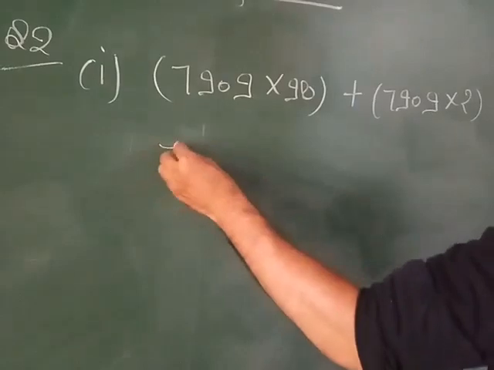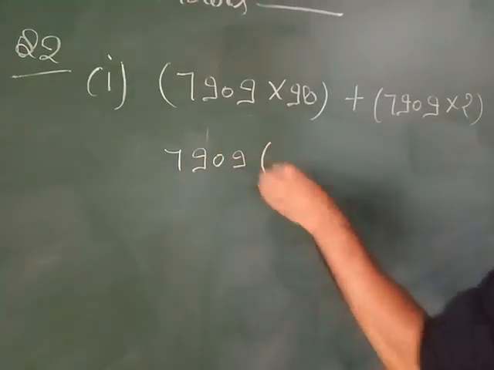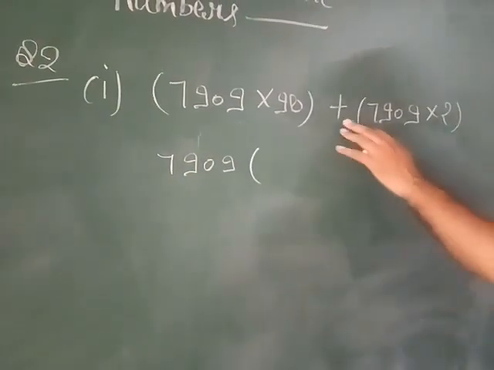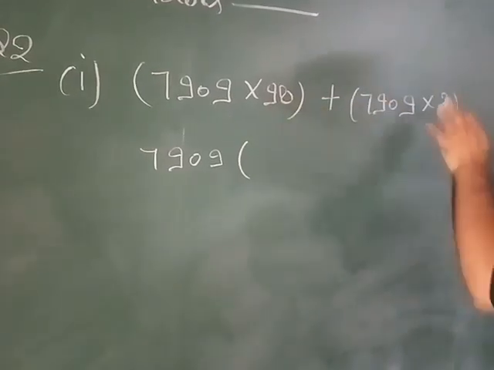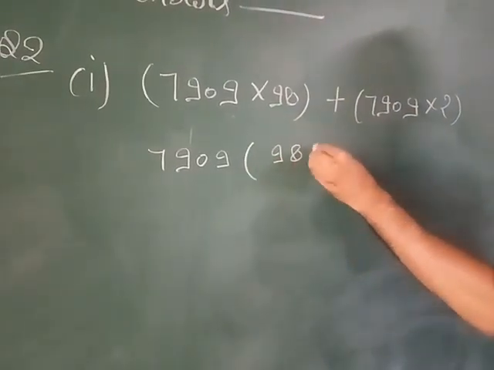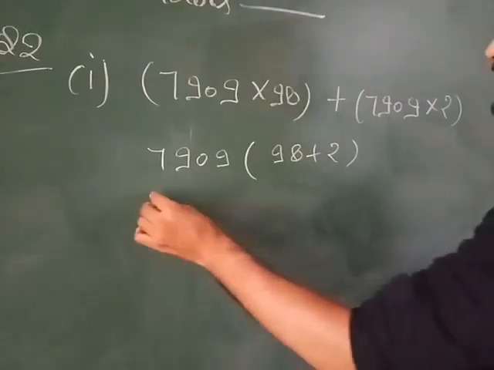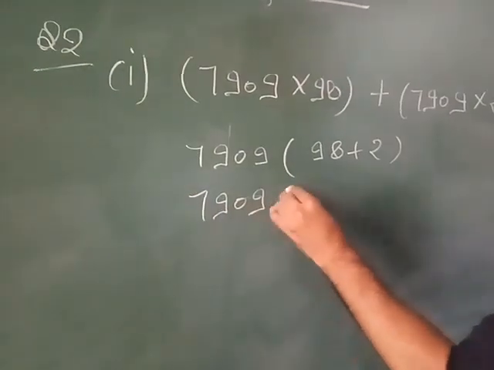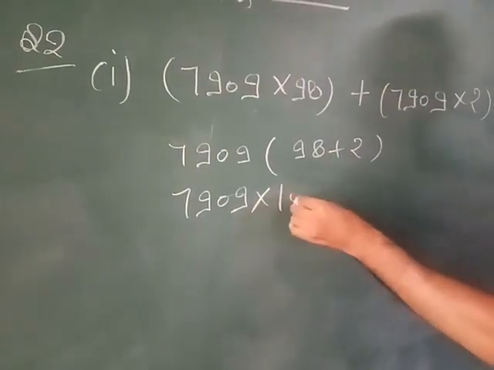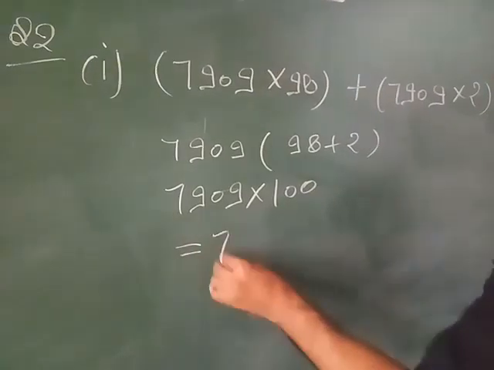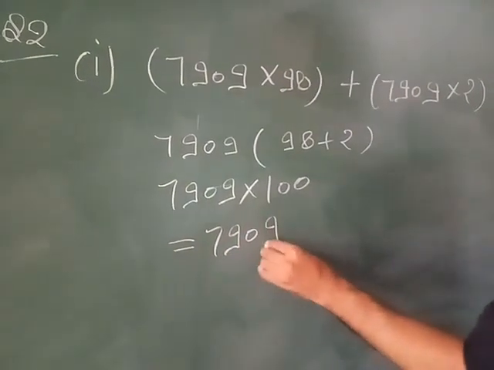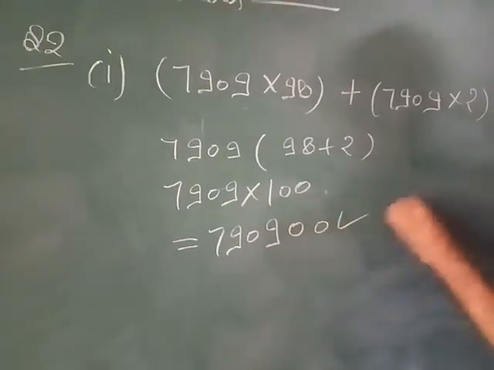So take 7909 as common, and because we have to add, there is a plus sign, 98 plus 2. We will add these two terms, 98 and 2. Now 7909 will be multiplied by 98 plus 2, that is 100. So the answer will be 790,900. This will be the answer.